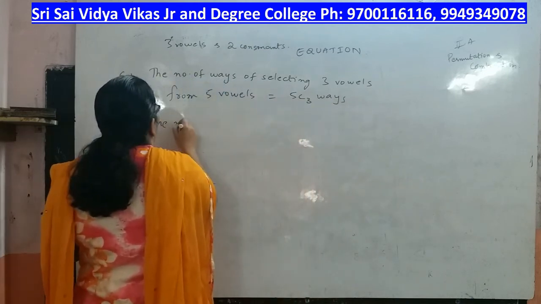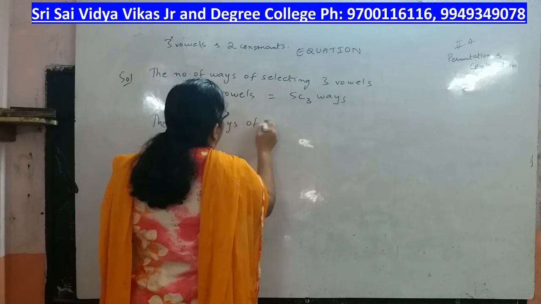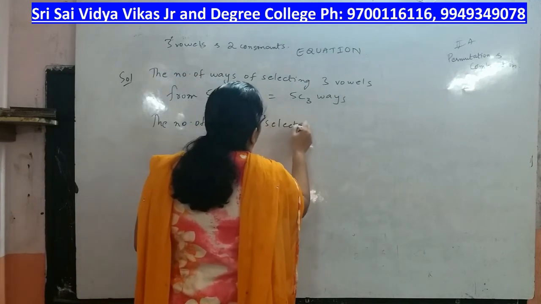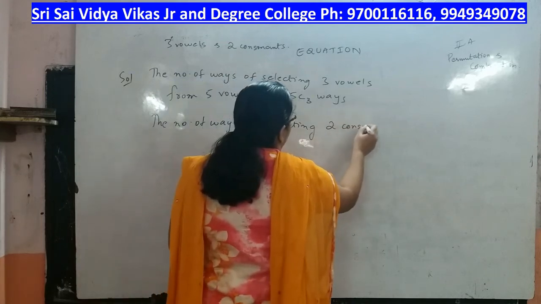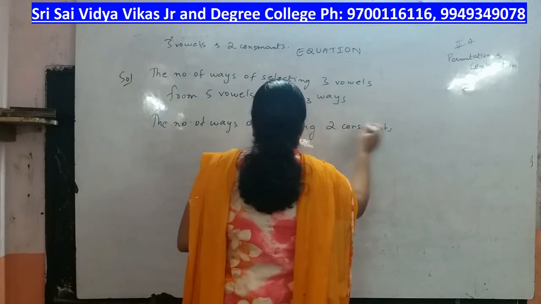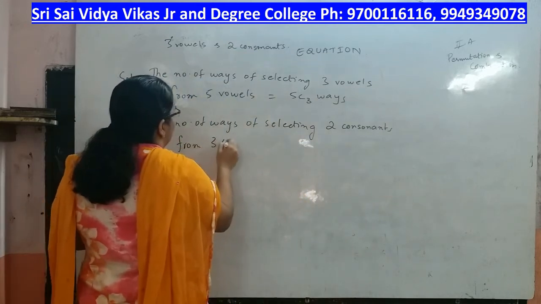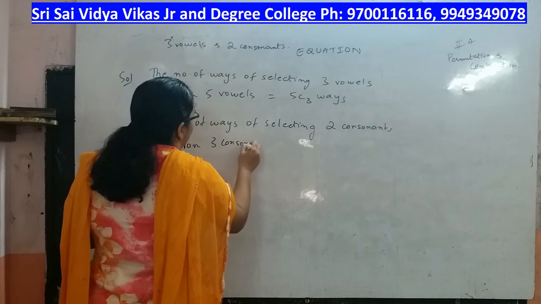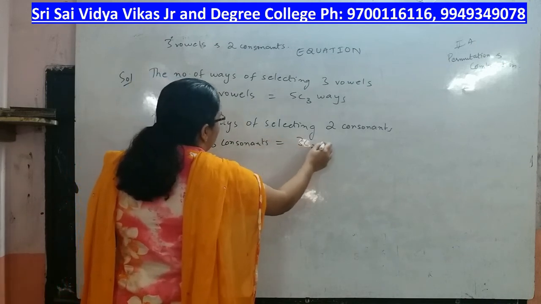The number of ways of selecting 2 consonants from 3 consonants is equal to 3C2 ways.